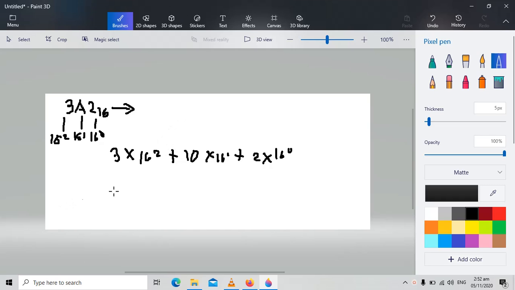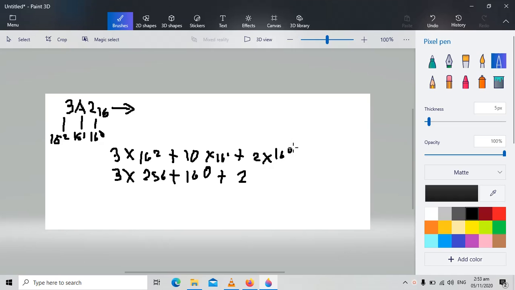So we need to multiply it again. 3 times 256 because 16 squared is 256. Now 10 times 16 to the power of 1 is 160. And 2 times 16 to the power of 0, it's only 2 because 16 to the power of 0 is equivalent to 1.